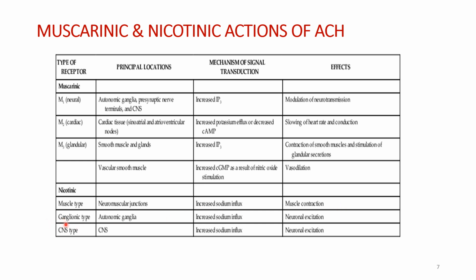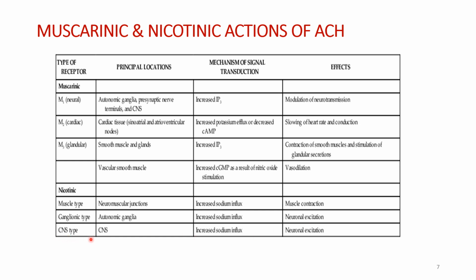Next, at the ganglionic level also you have acetylcholine. All the preganglionic autonomic neurons release it, and postganglionic parasympathetic and some sympathetic neurons too. In autonomic ganglia, acetylcholine also causes increased sodium influx, which leads to neuronal excitation.